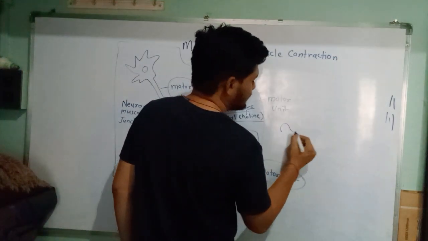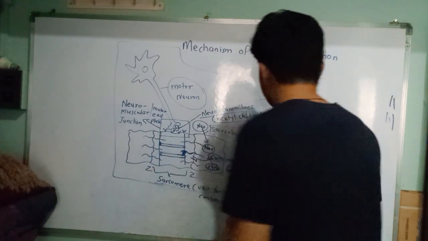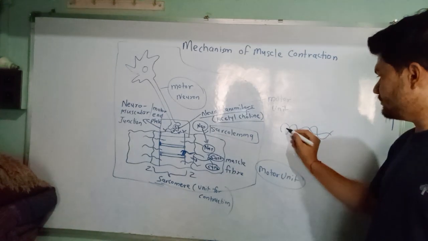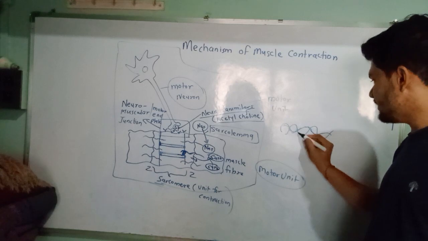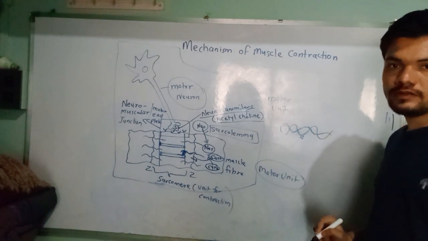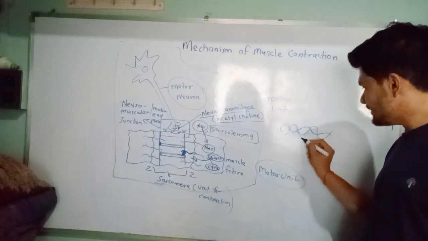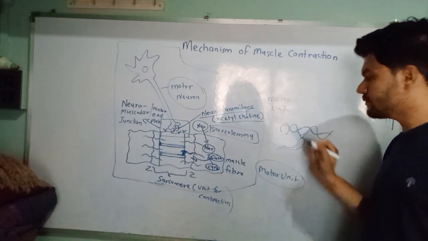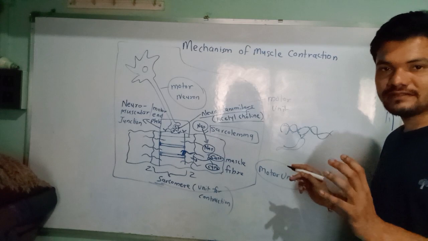See, there are thin filaments made up of tropomyosin and F-actin, right? So there are sites present which are masked by troponin. So this troponin is removed so that these sites are open to bind the myosin filament, myosin head.